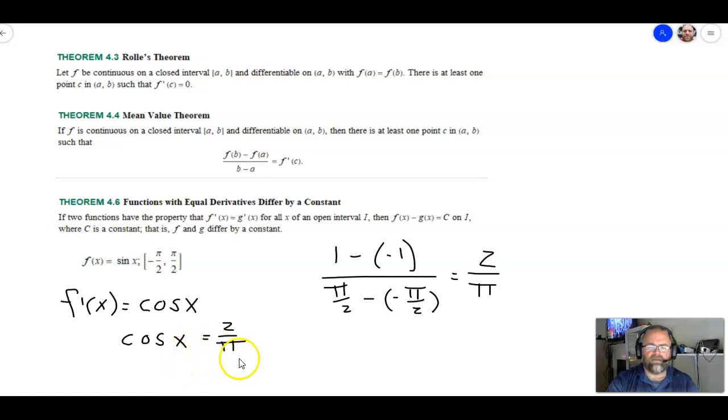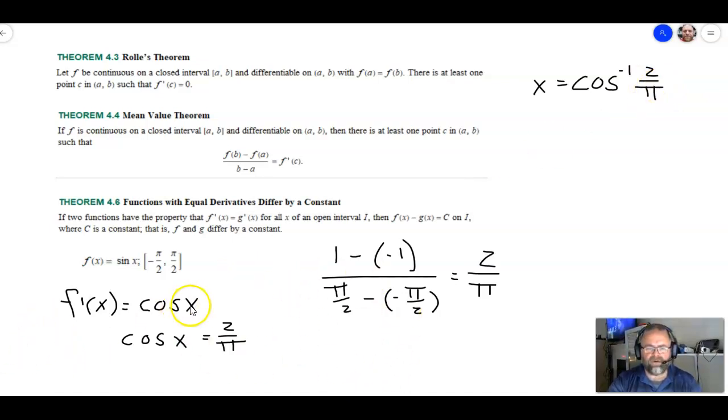And in order to solve this, we're going to take the inverse cosine of both sides. So x is equal to the inverse cosine of 2 over pi. And let's figure that out.